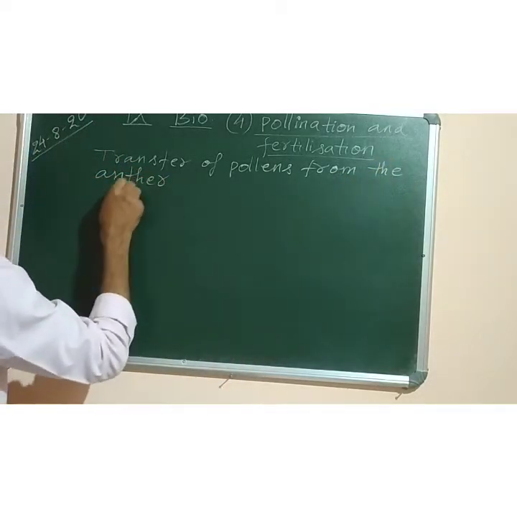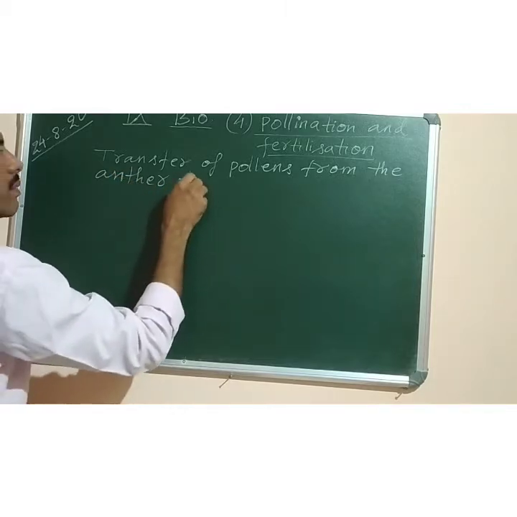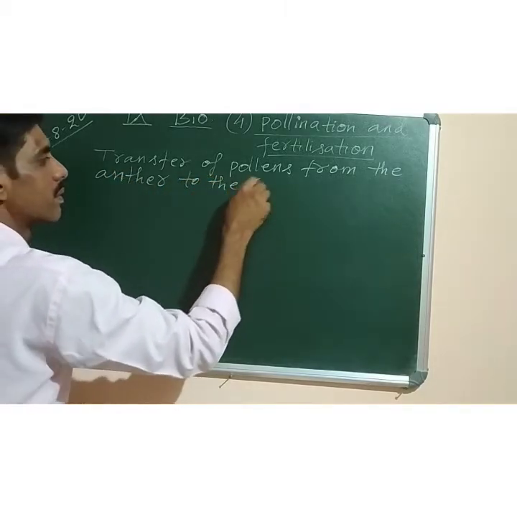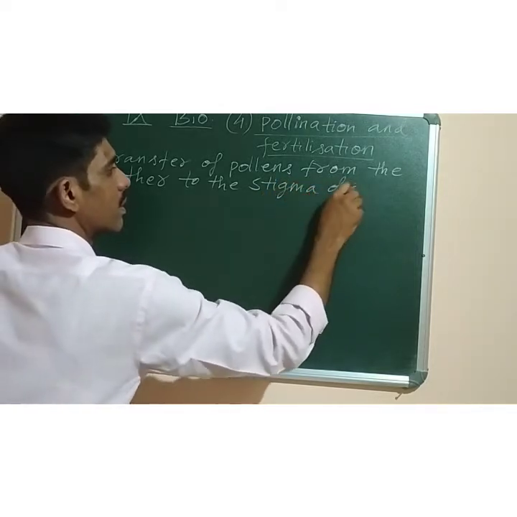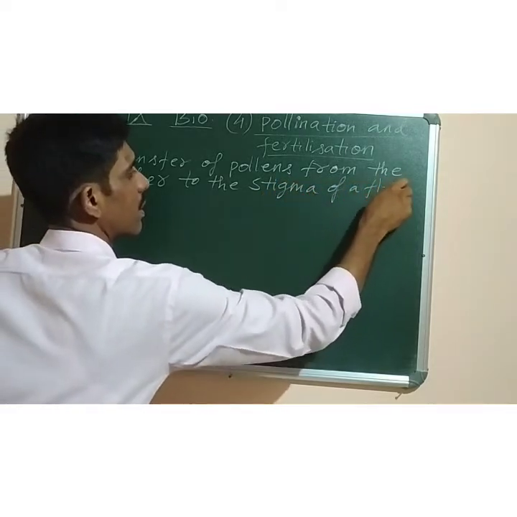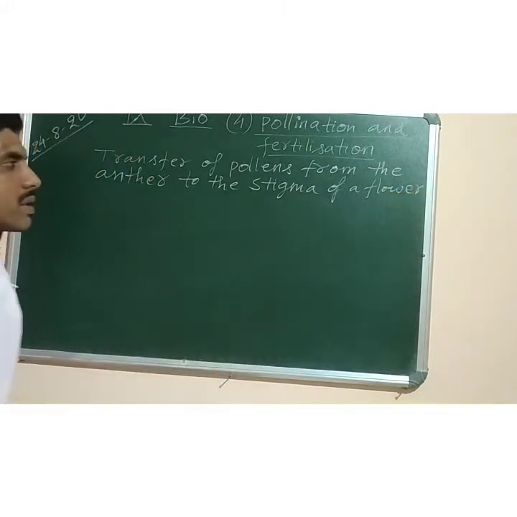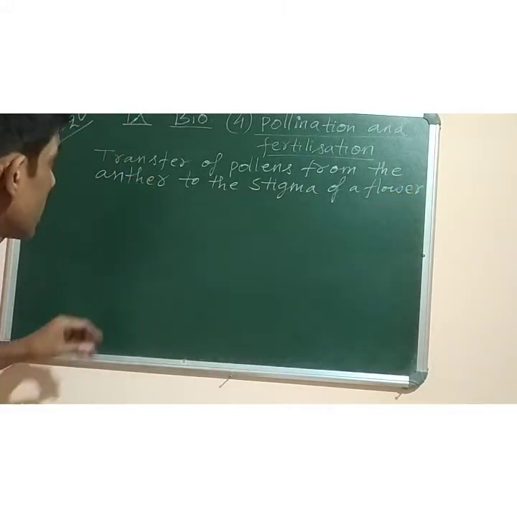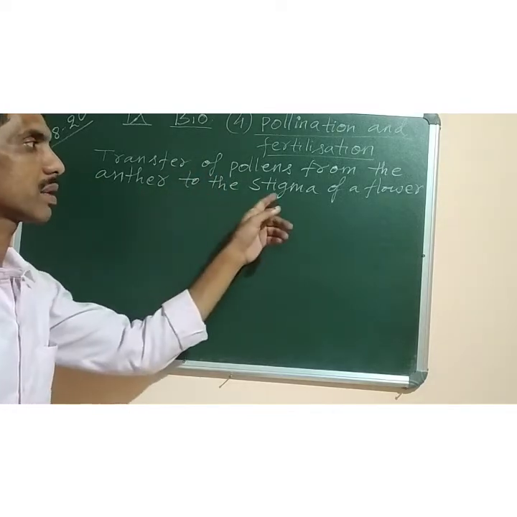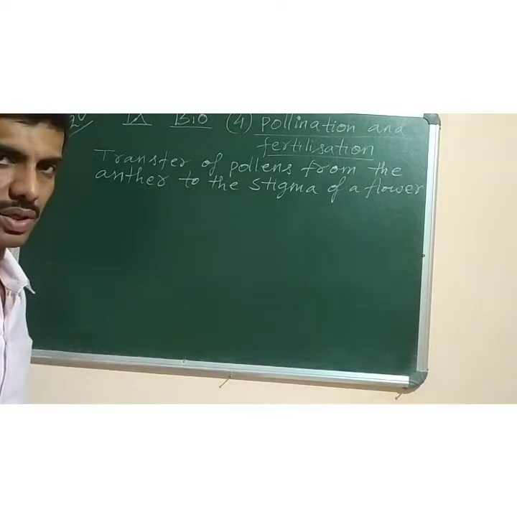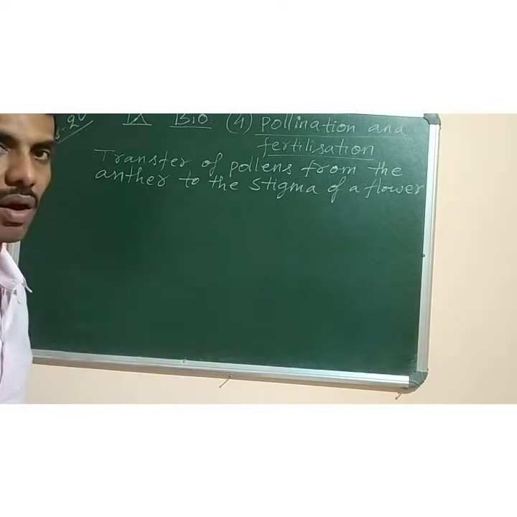Anther is the male part of the flower. You can understand that transfer of pollen grains from the anther to the stigma of a flower is called pollination.